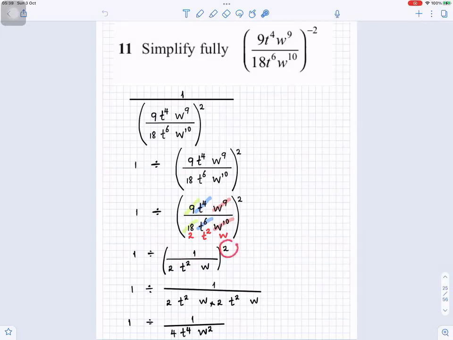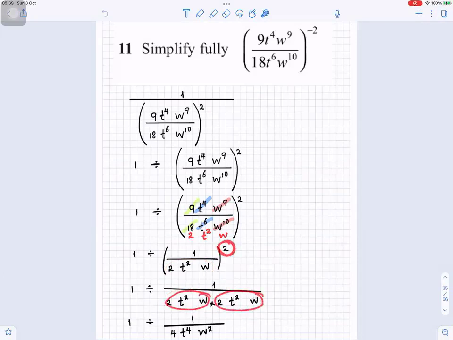And when it says squared, that means you multiply it by itself. So it becomes 2t squared w times 2t squared w, because there's a 2 there.